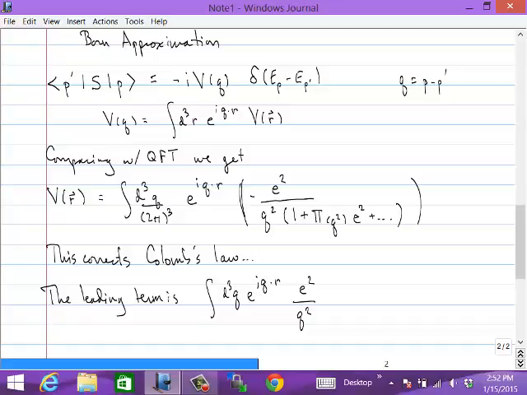The answer also has to be rotationally invariant, so it has to scale like 1 over r. Up to some coefficient that I'll just tell you, the answer is e squared over r, which is the usual Coulomb interaction potential.